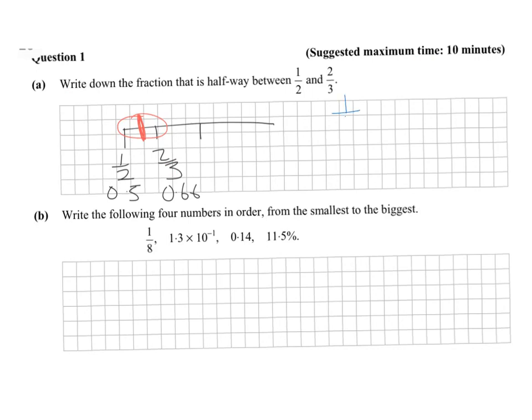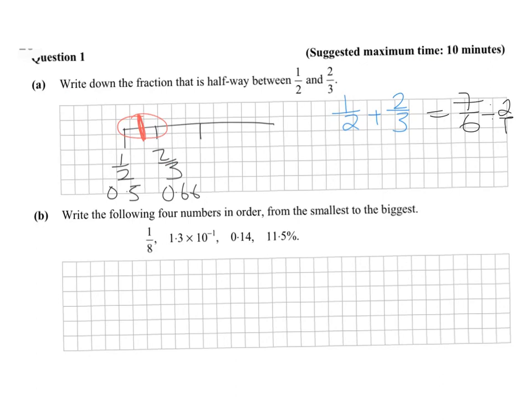So if I add 1/2 plus 2/3, I can only add them together if they've got the same number on the bottom. You can do this on your calculator. That gives you 7/6. Then you're going to divide that by 2, so you're dividing it by 2 over 1. How do you do that essentially?